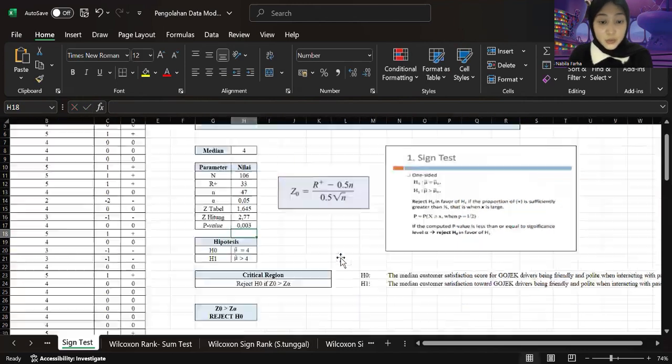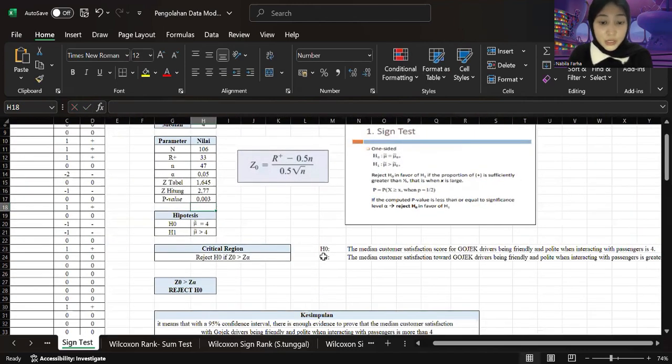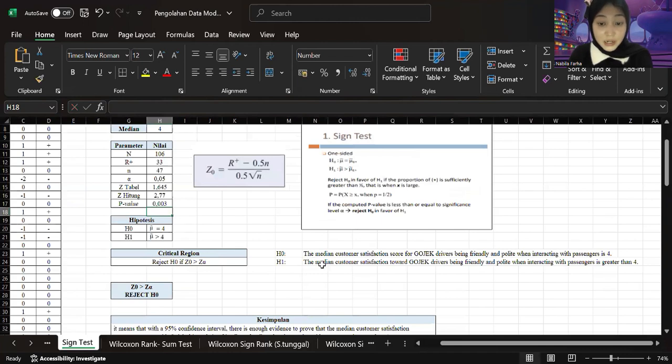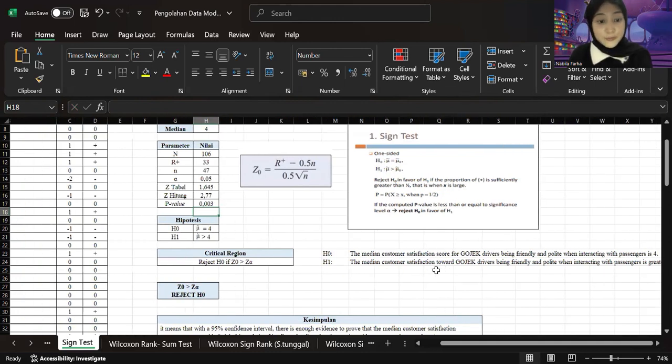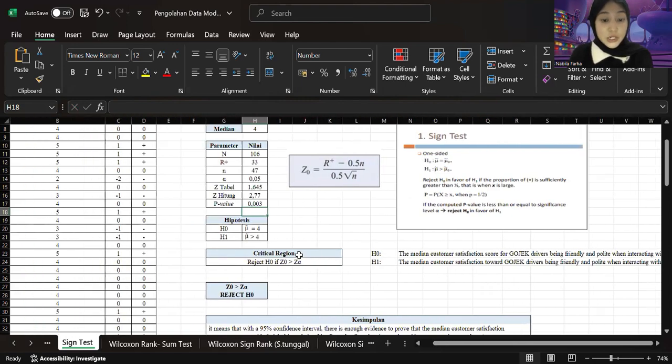After that, we do the hypothesis testing. The null hypothesis is that the median customer satisfaction score for Gojek drivers being friendly and polite when interacting with passengers is 4. The alternative hypothesis is that the median customer satisfaction is greater than 4. The critical region is to reject the null hypothesis if z null is greater than z alpha.